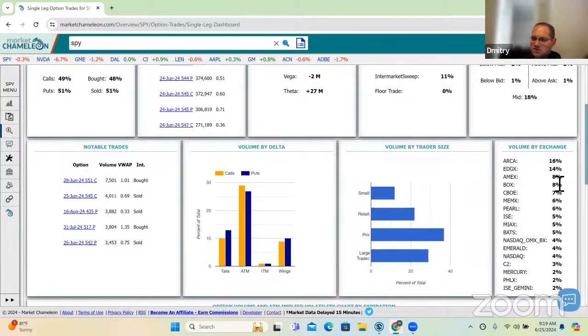If you're doing that size and comfortable with it, you're in the more proficient category, or call it pro for abbreviated. Then we've got the very large trader.